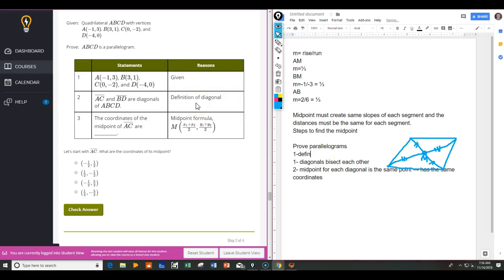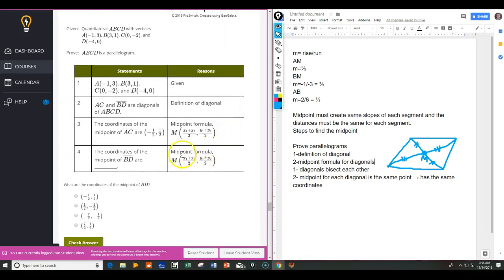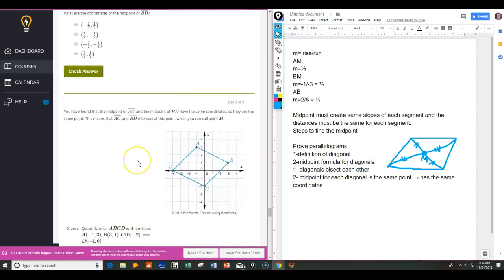So definition of diagonal. The next thing that I see is the midpoint formula for diagonals. The next thing that I see is the midpoint formula again for the diagonal.